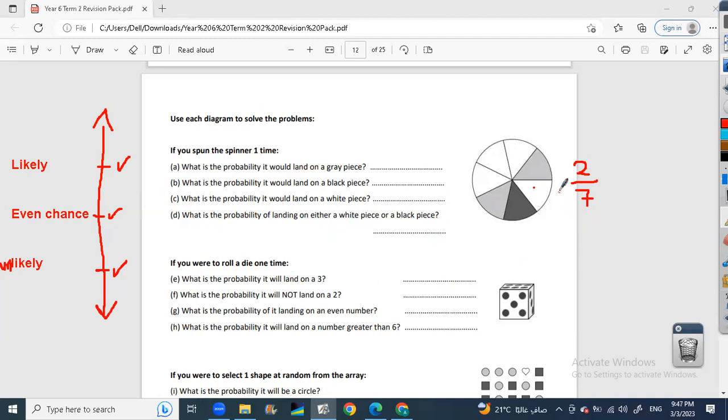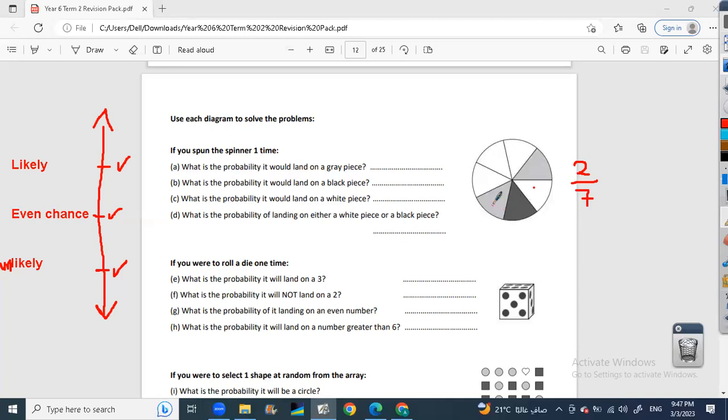If I ask you, what is the probability it would land on white, black, or gray? You can pause the video, think about the answer, and then return to check if you got it right or not. Again, the question is, what is the probability it would land on white, black, or gray?